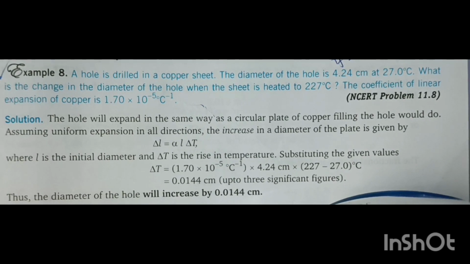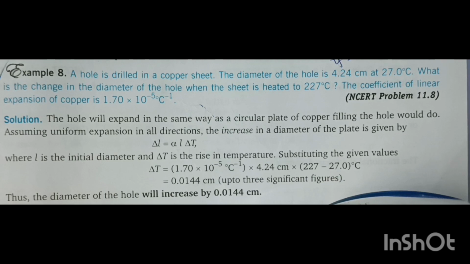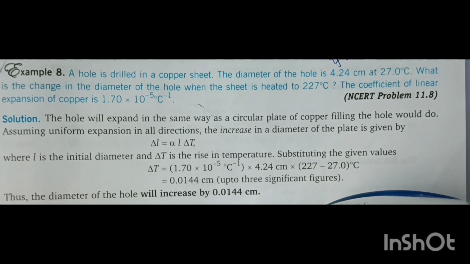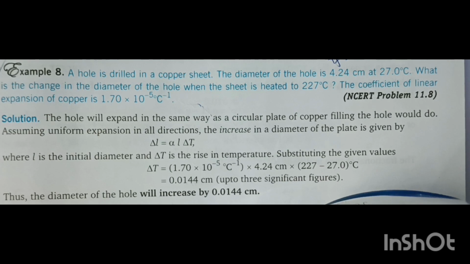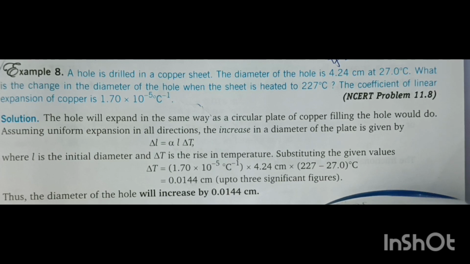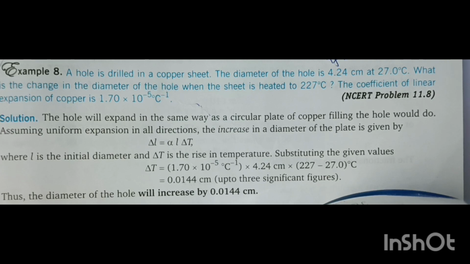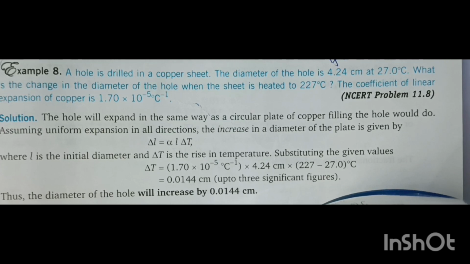Now they are asking what is the change in diameter, that is, delta L is being asked. The final temperature is 227 degrees Celsius and the coefficient of linear expansion, alpha, is given as 1.7 into 10 power minus 5 per degree centigrade. So delta L is equal to L into alpha delta T. What is L?